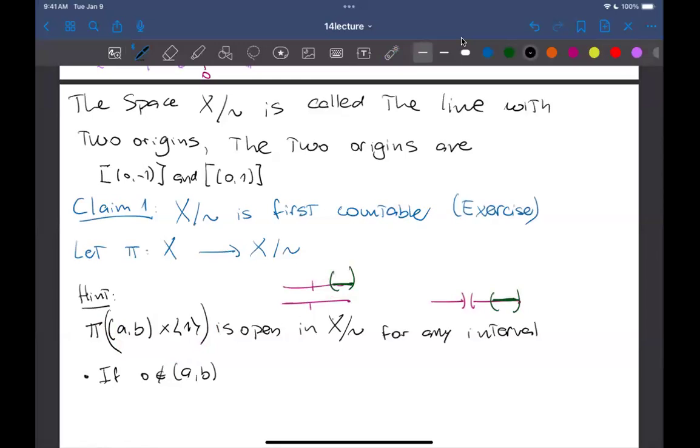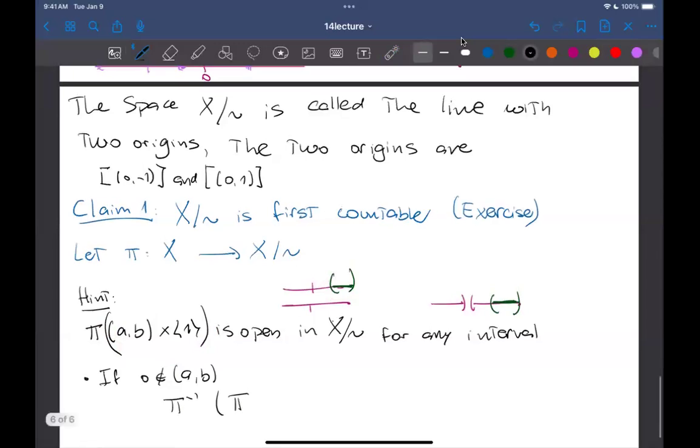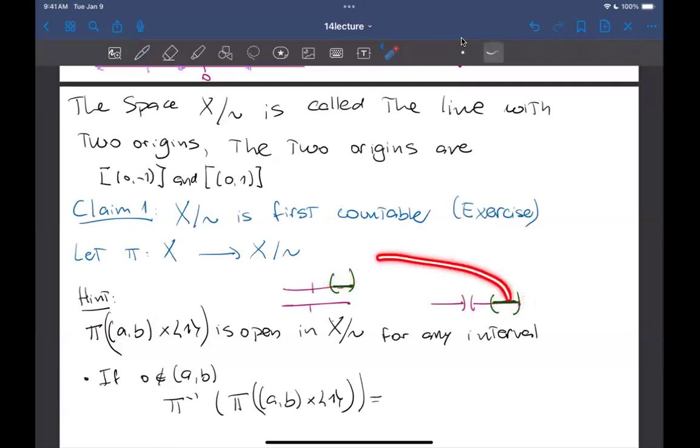So when you compute the preimage of this set, and you're claiming it's open, you project with pi, but now you need to compute the preimage.